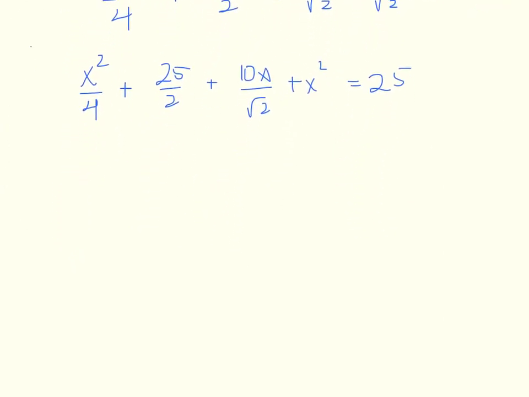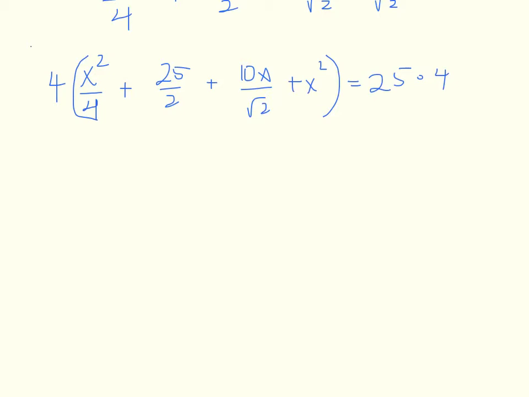All right, here is a little trick that's going to make life a little bit easier. If I multiply both sides by 4, I don't have to deal with denominators. What about root 2? Well, there's no way around that part.